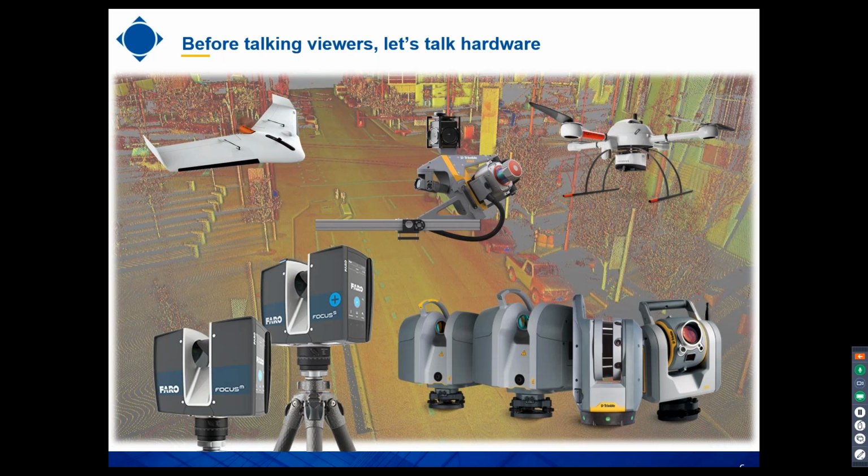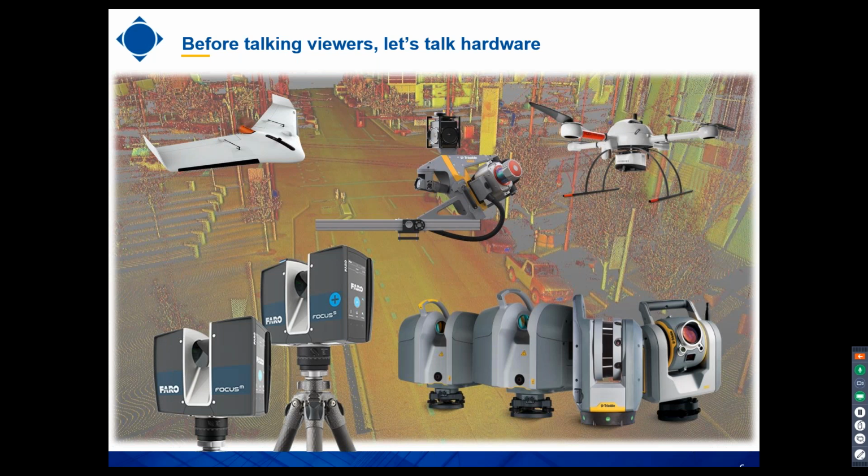Thank you, Sharif. So before talking about viewers, let's talk a little bit about hardware. Here are all the different hardware possibilities we provide here at Cancel, with which we can collect point cloud data.